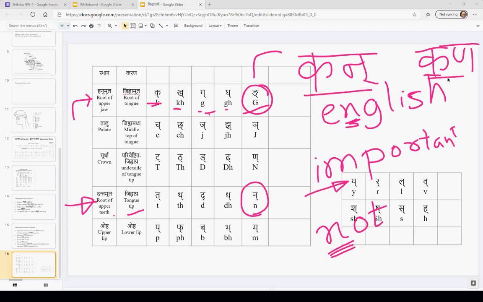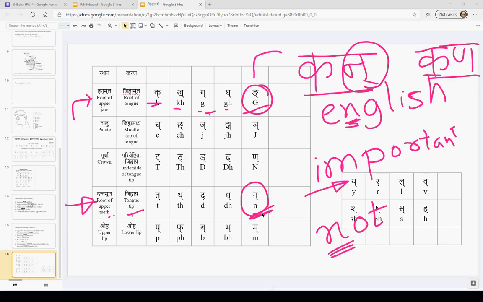But when we pronounce them separately, we can pronounce them as kan and kana. And here the na remains na only, because we can touch the tongue tip to the root of the upper teeth, and we can bring out this sound called na, kan, kana.